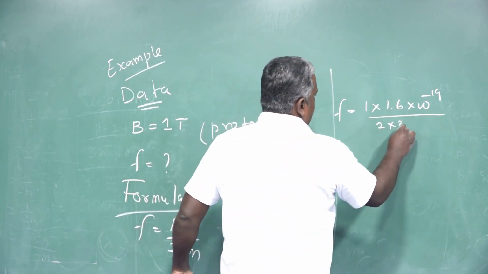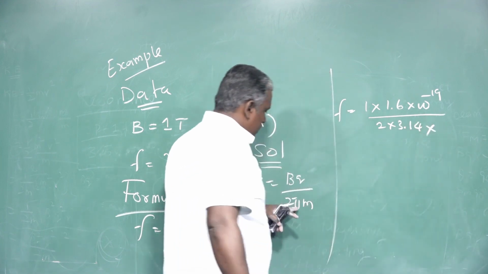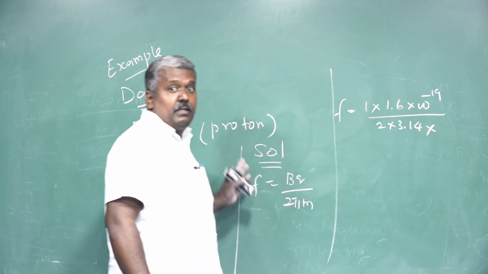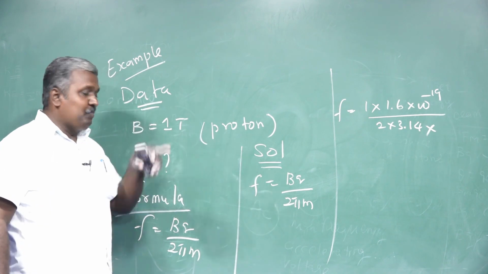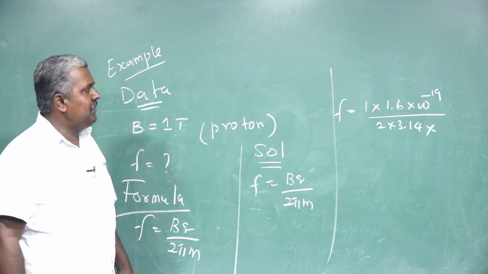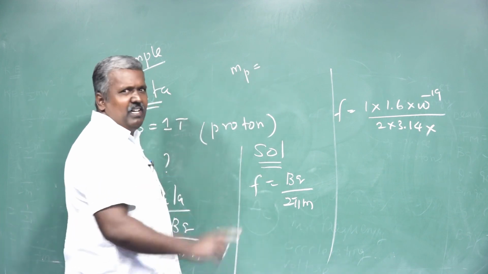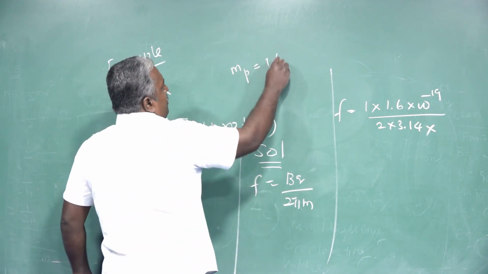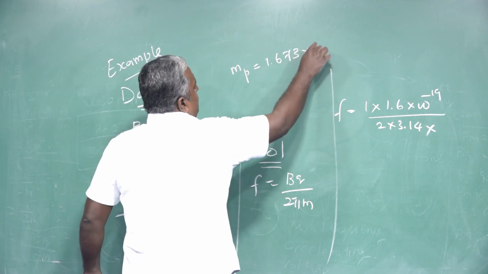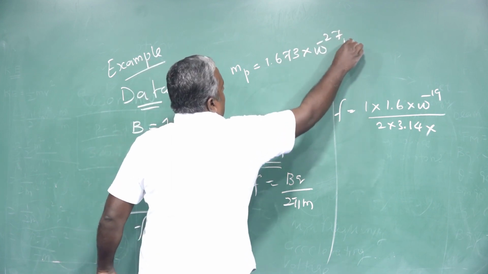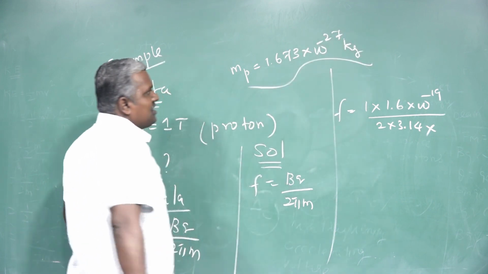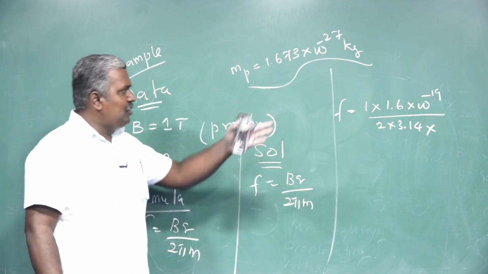2 into 3.14 because of the pi value. M is not given: mass of proton. Okay. What is the mass of a proton? Mass of a proton is 1.673 into 10 power minus 27 kilogram. That's all. Yeah, substitute directly in this formula.